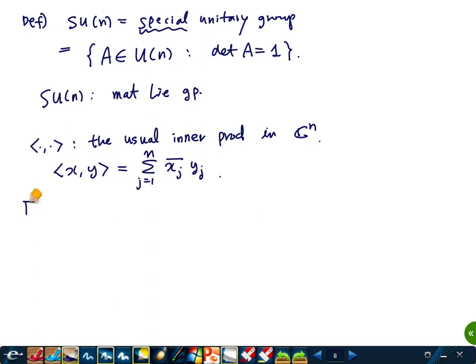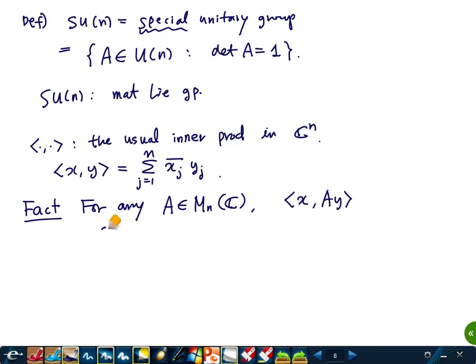And the fact is, from basic linear algebra, for any n by n complex matrix A and any vectors x, y in C^n, the inner product of x and Ay is equal to the inner product of A adjoint x and y.